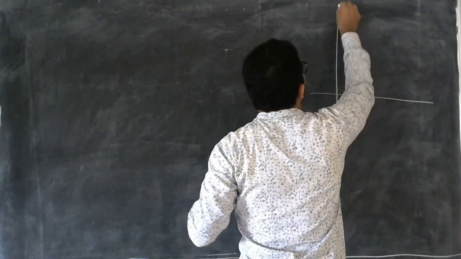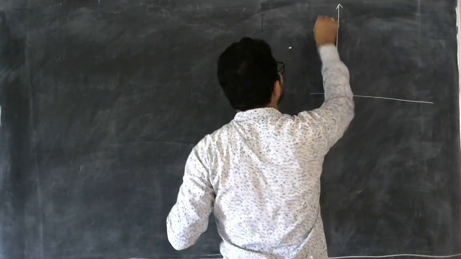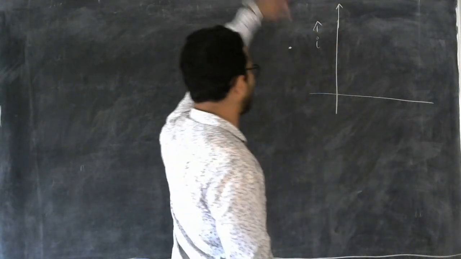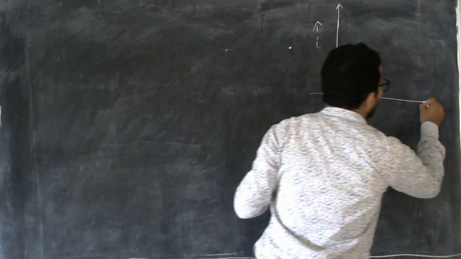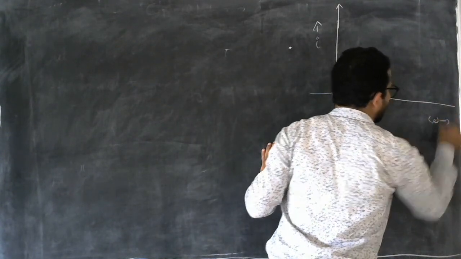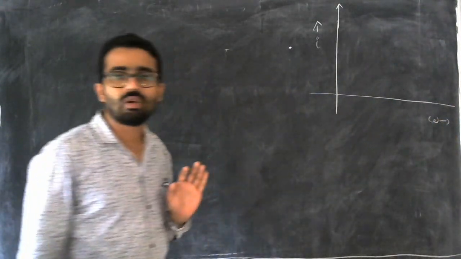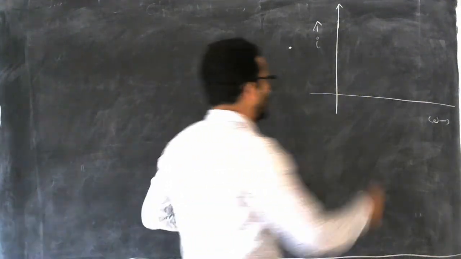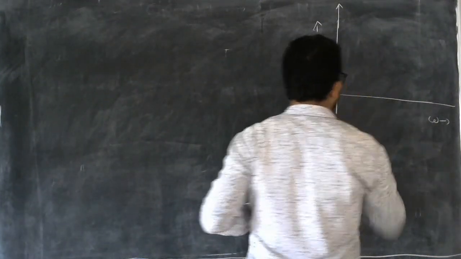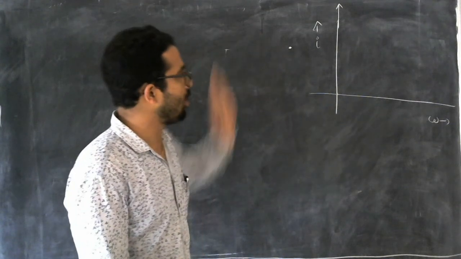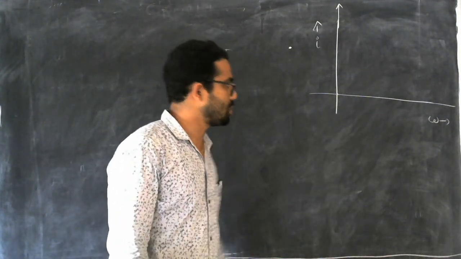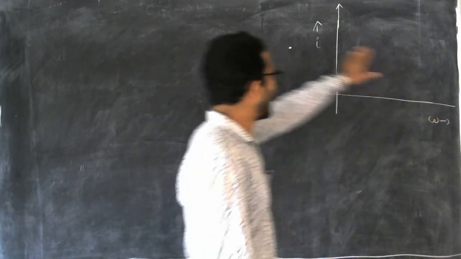Along one axis we take the value of current, and along the other axis the value of frequencies. This is the graph, with omega as well as I.